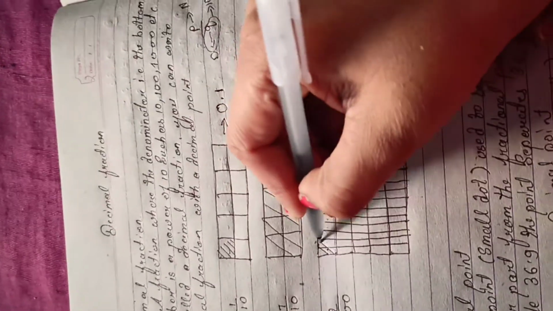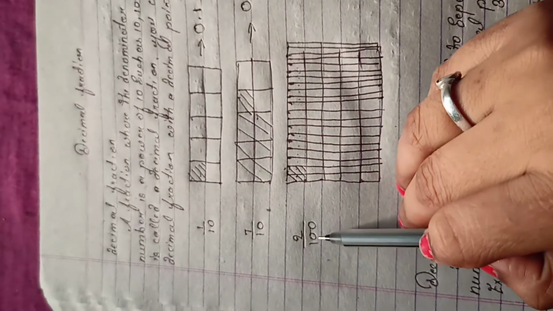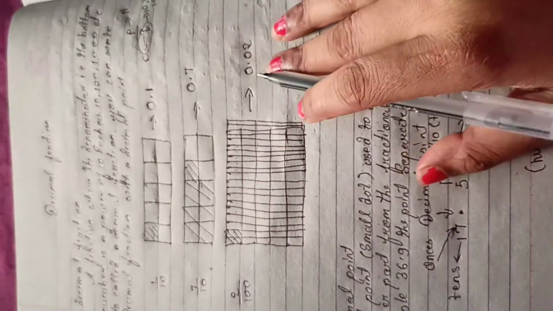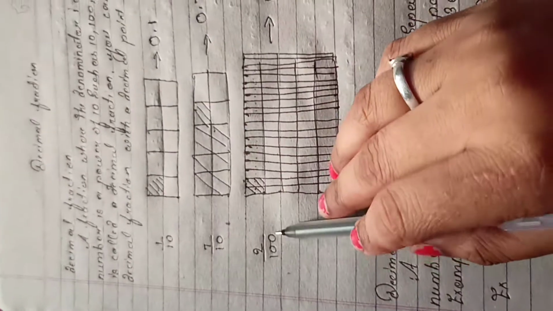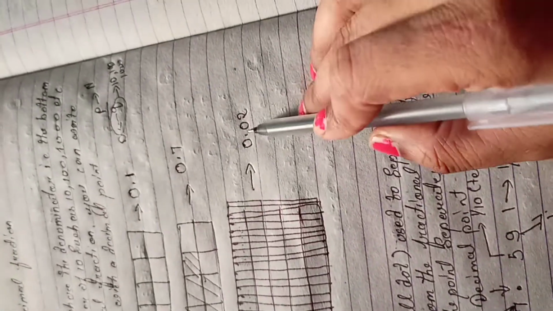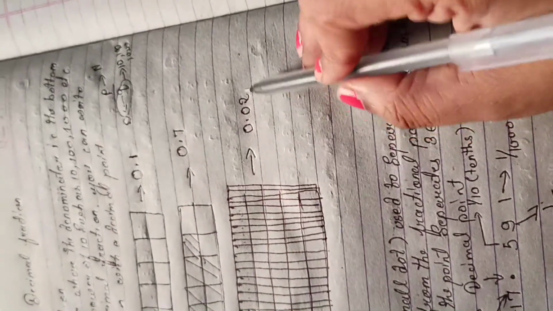Now, out of 100 boxes, if you shade 2 boxes, how many zeros are there? We have 2 zeros, so this will be written as 0.02, because if there are 2 zeros in the denominator, we need 2 digits after the point. These are decimal fractions.